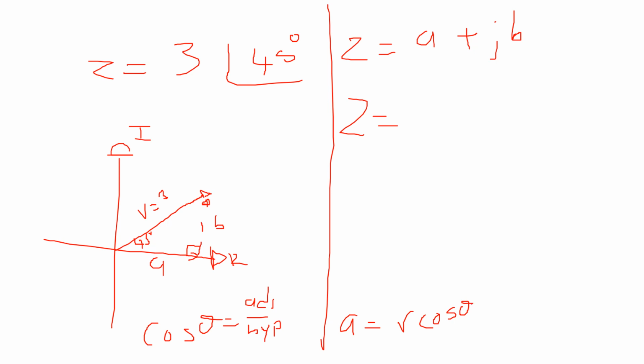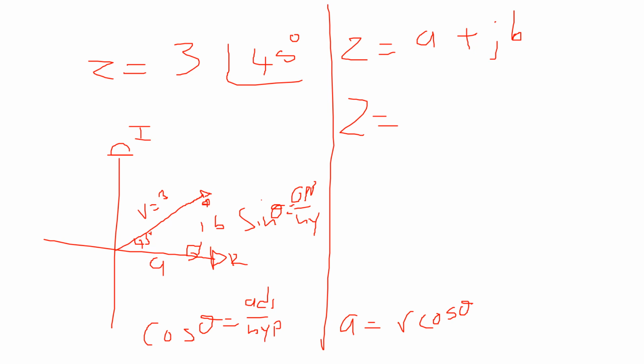The same will apply to B. Let's say we want to find B. B is opposite, and when you find the opposite, you use sine of theta. Sine of theta is equal to opposite over hypotenuse.